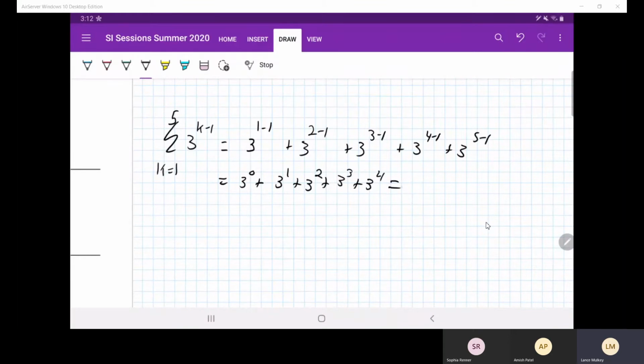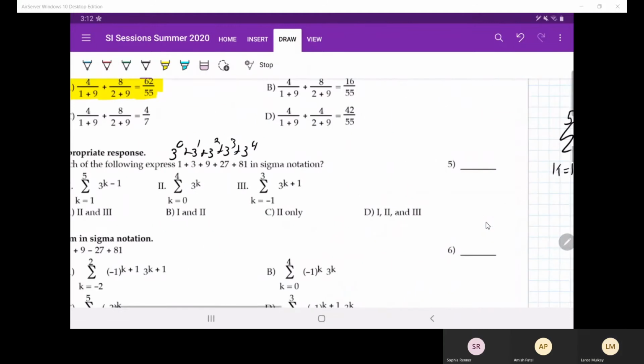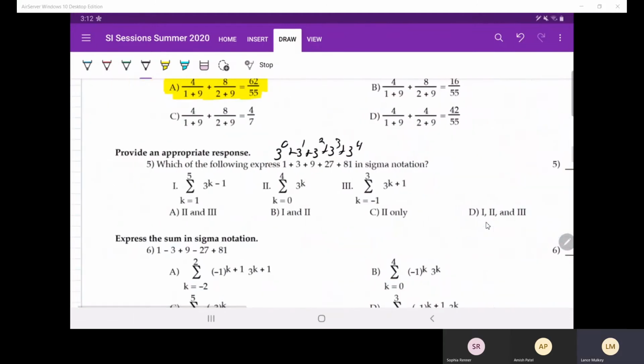And that equals this over here. So option 1 is correct.